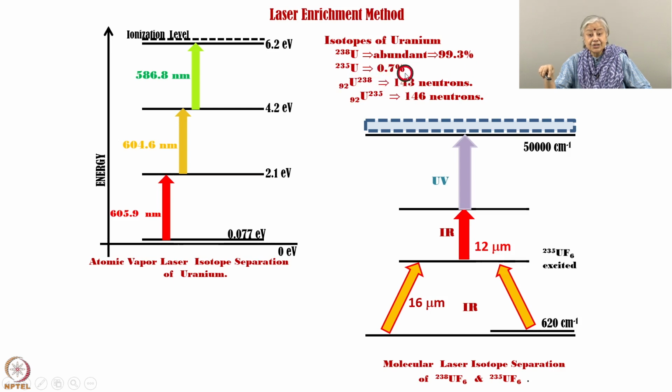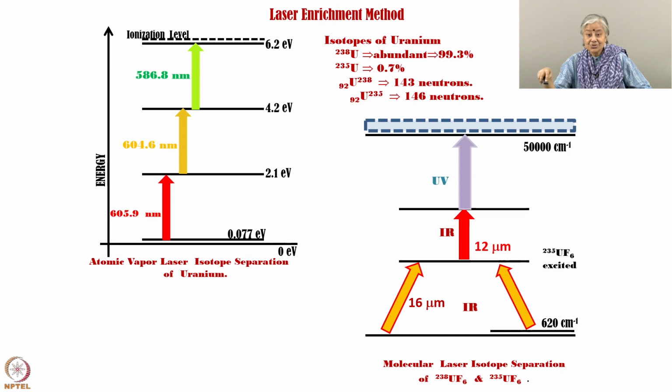But in a nuclear reactor, you need uranium 235. So you really have to do a lot of separation. It is only 0.7%, you have to make it 100%. So it is a difficult job actually for uranium.